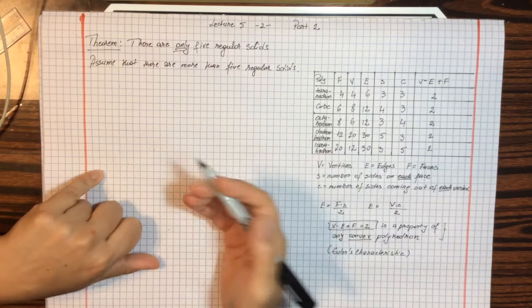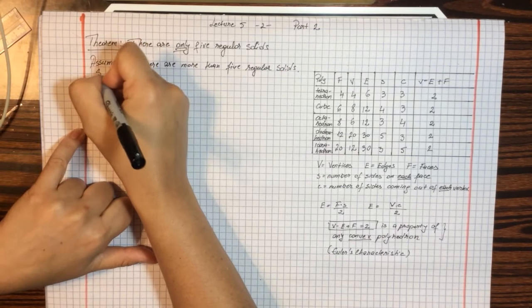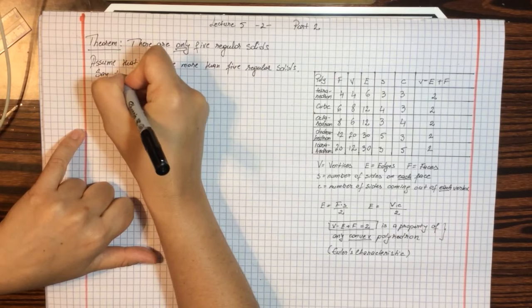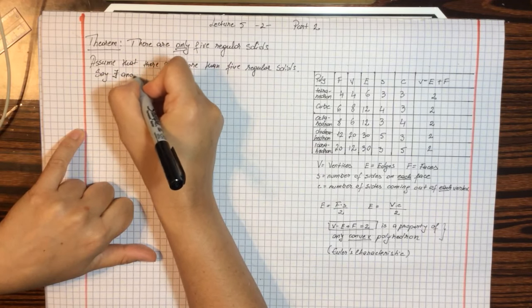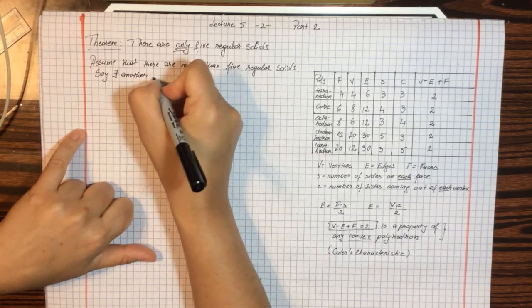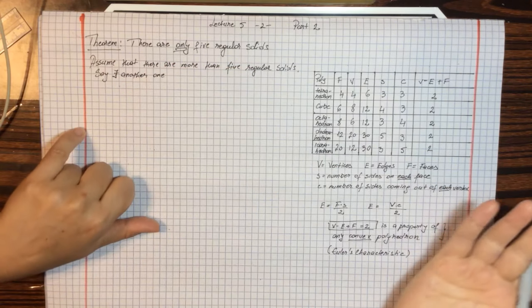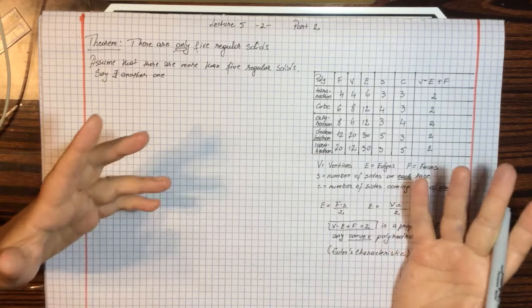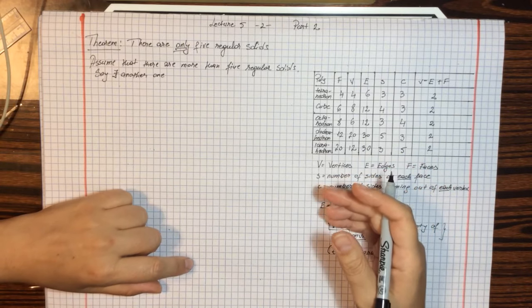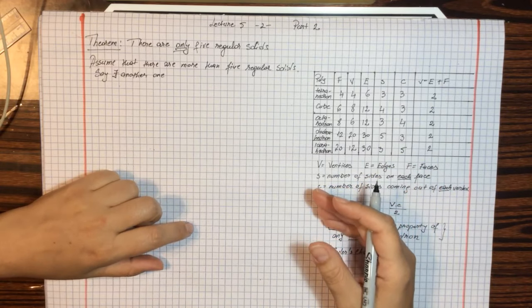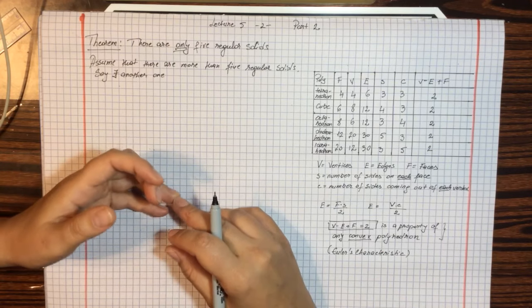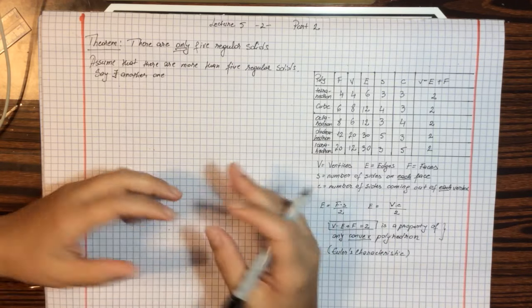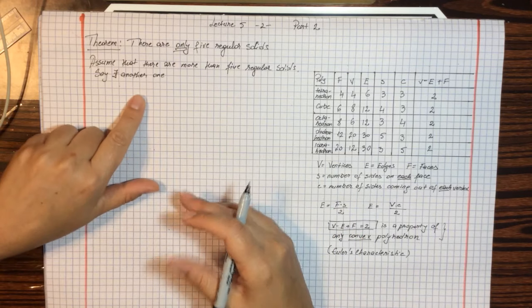So say there exists another one. For lack of a name, since I don't know exactly what this polyhedron will look like, I don't know how many faces it will have, how many corners or vertices it will have, what the faces will look like, and so on.